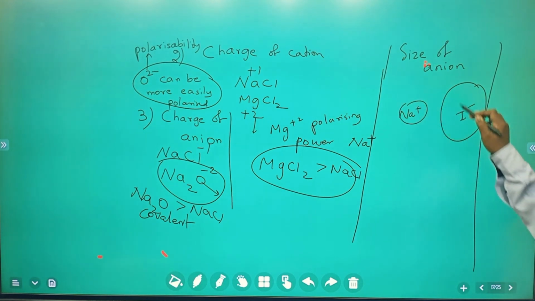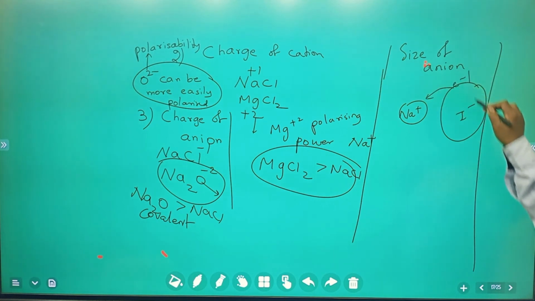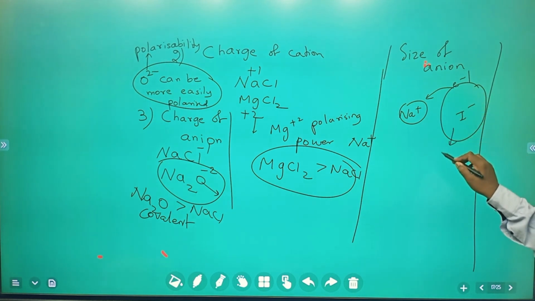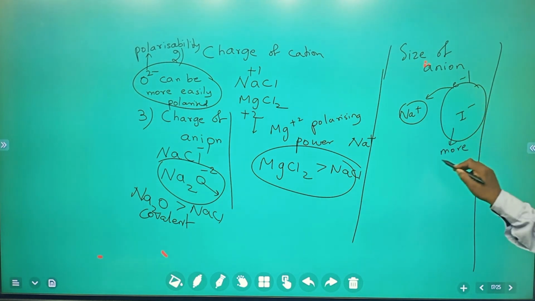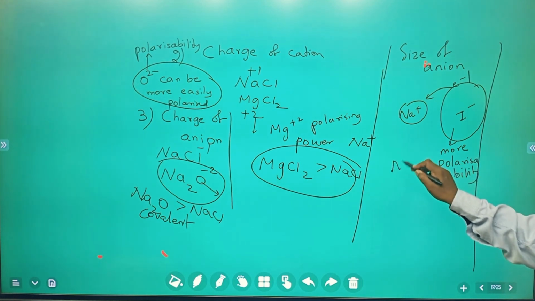If the anion is very big, it can be more easily disturbed. It can be more easily polarized. So the bigger the anion, the more its polarizability, so you will expect more covalent behavior. So NaI will be highly covalent.